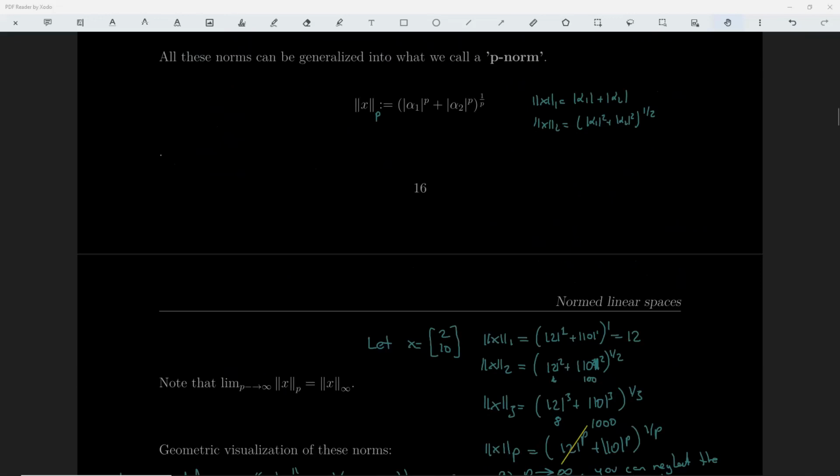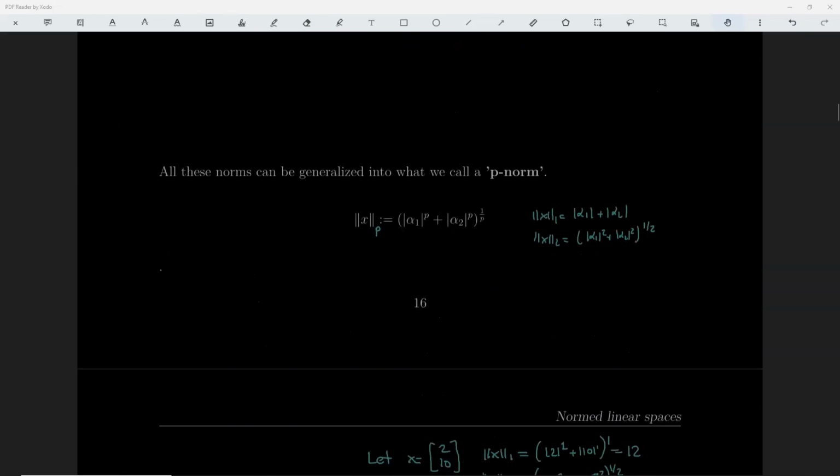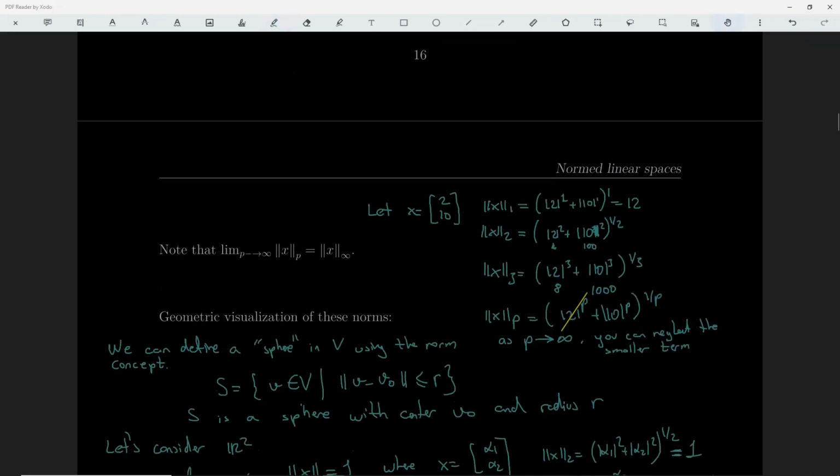But later on we also saw that, for example, if we use the p norm definition for p values less than 1, then the resulting function does not satisfy the axioms of norms, right? So actually this p norm is defined, maybe I can write more explicitly, for p values greater than or equal to 1, where p is a real number, okay?